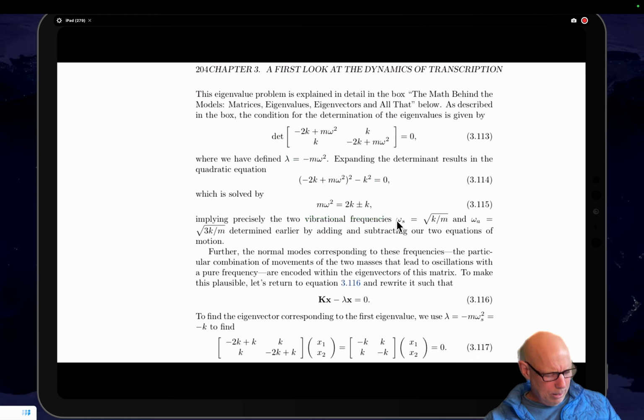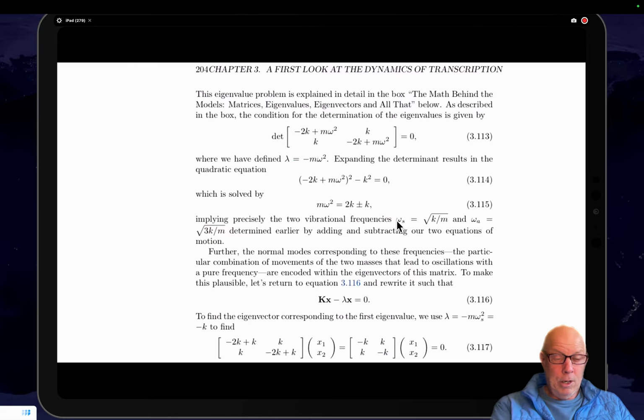Note that for omega minus, the case in which I subtract, m omega minus squared is equal to 2k minus k, which is just k. And so omega squared is k over m. And then if I keep the plus solution, then I have 2k plus k, which is 3k, and omega plus squared is equal to this vibrational frequency.